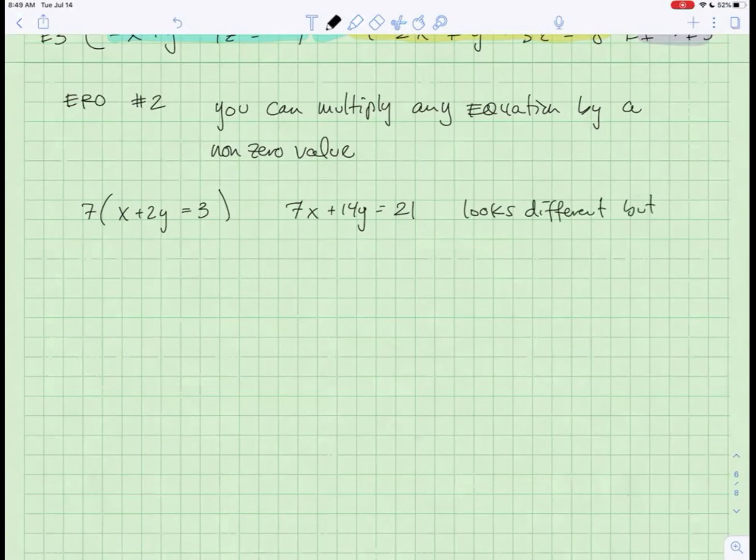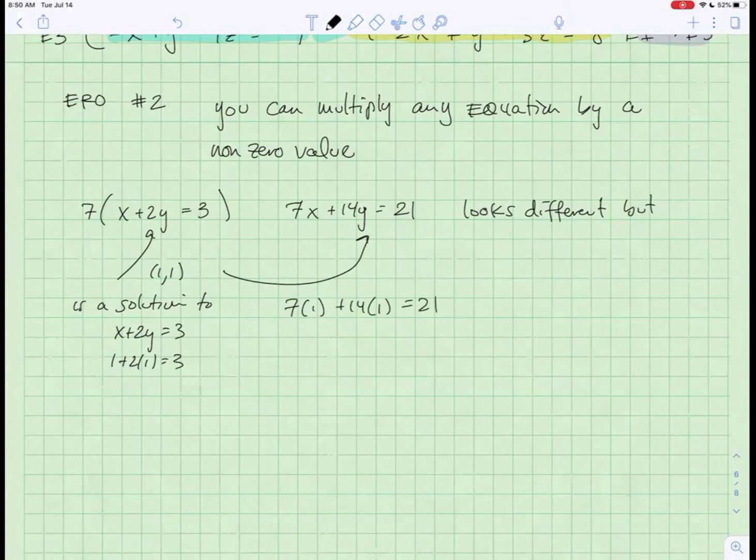but whatever was the solution here, you'll notice the ordered pair 1, 1 is a solution to x plus 2y equals 3, because 1 plus 2 times 1 equals 3. But 7 times 1 plus 14 times 1 is also equal to 21.